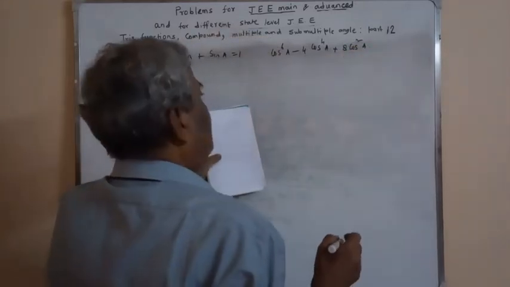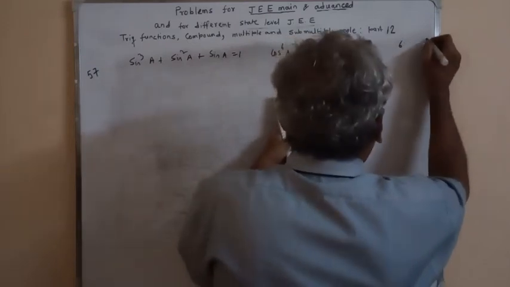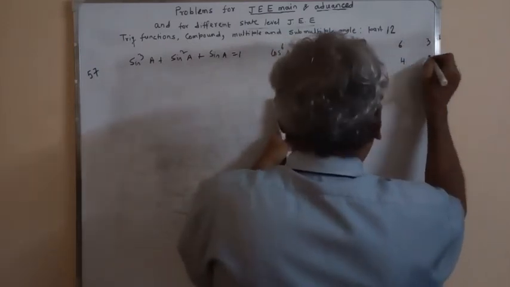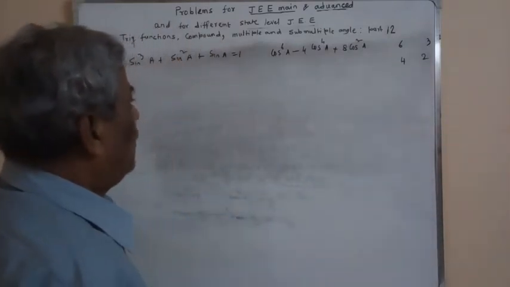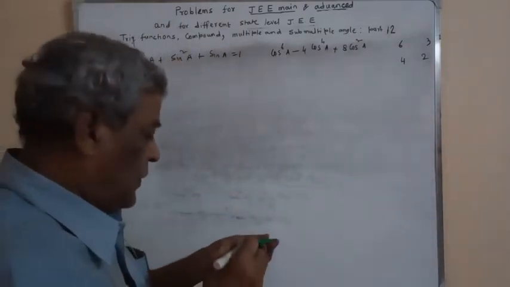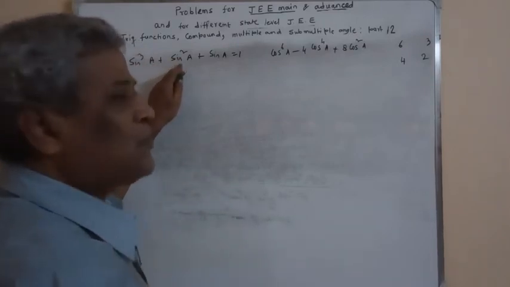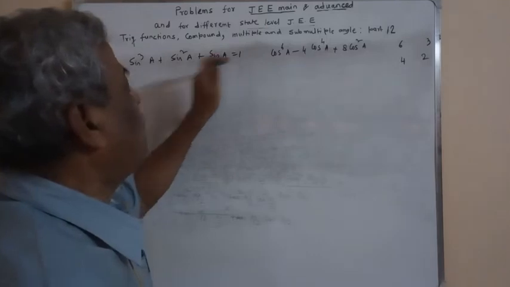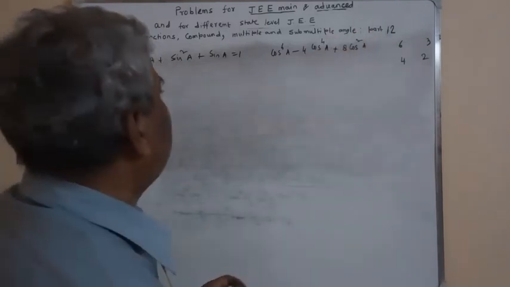Options are 6, 3, 4 and 2. One trigonometric relation is given, sine cube A plus sine square A plus sine A is equal to 1. Then what is the value of that?